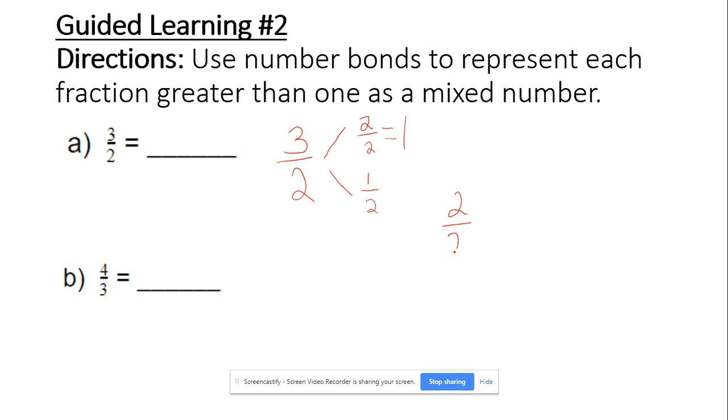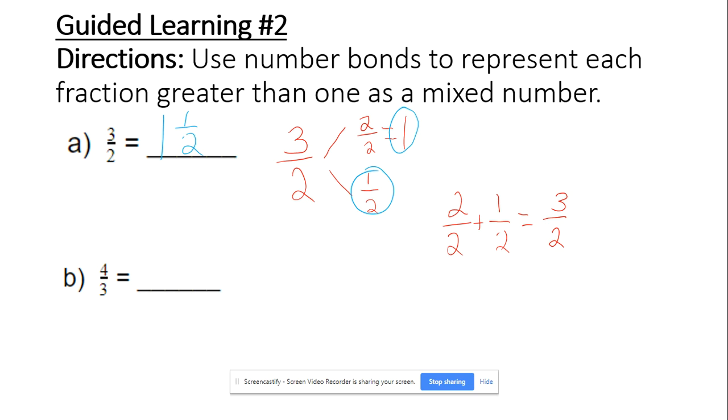I'll just write that here. So we have 3 halves, which is what we started with. We also can rewrite this as 1 and 1 half.